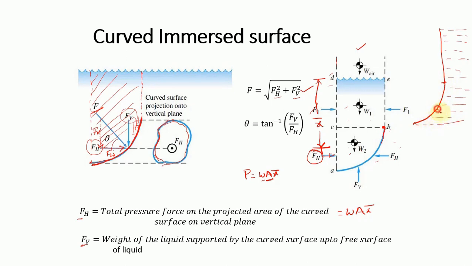Here some pressure force F will act, so it has some vertical component of force Fv, and some horizontal component, that is Fh, right? So Fh is again w A x bar on the vertical surface, and Fv is equal to the weight of the liquid which is standing in this empty space.